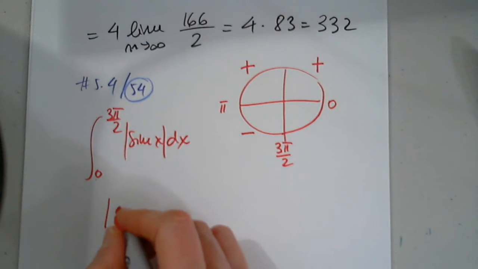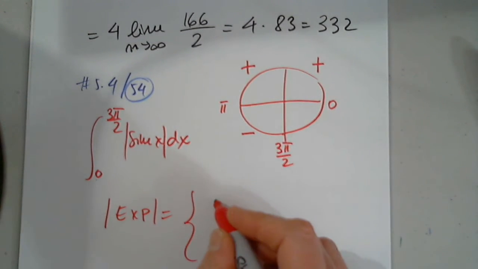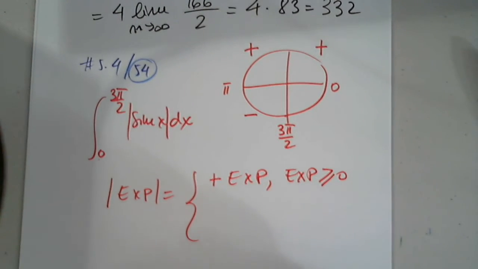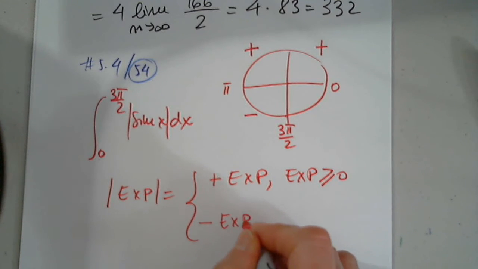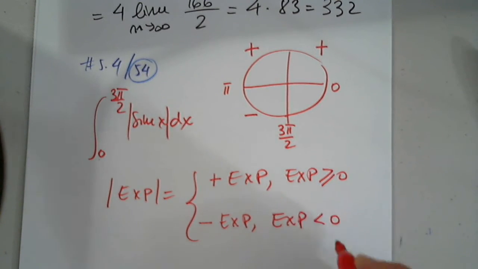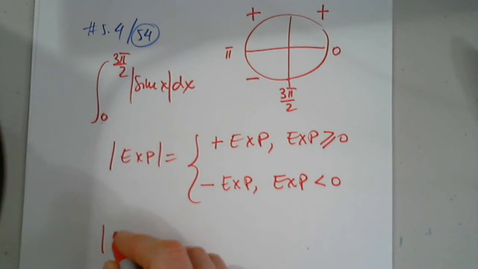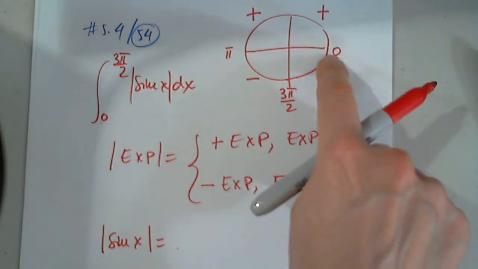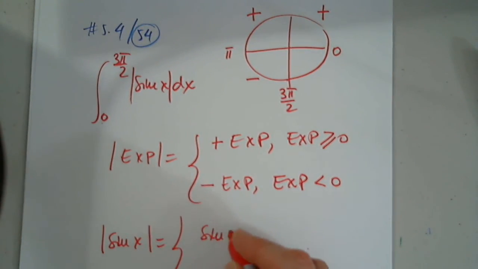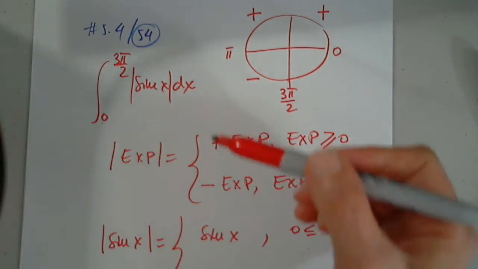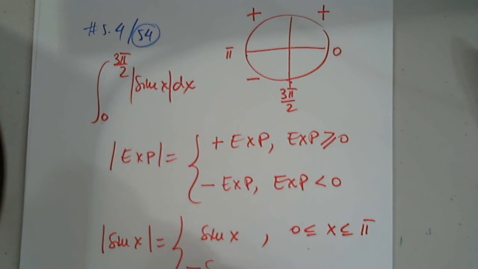And remember, the absolute value of an expression is the positive expression if the expression is greater than or equal to 0, but it's the opposite of the expression if the expression is less than 0. So all I have to do is mimic for sine. The absolute value of sine between 0 and pi is just sine between 0 and pi. But between pi and 3 pi over 2 it will be negative sine x, for pi less than x less than 3 pi over 2.